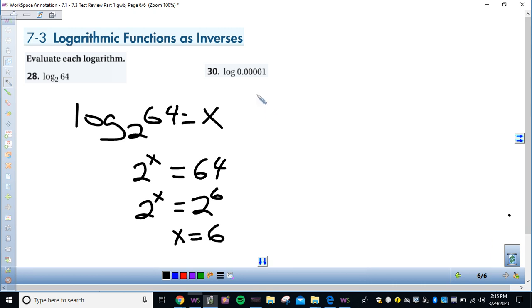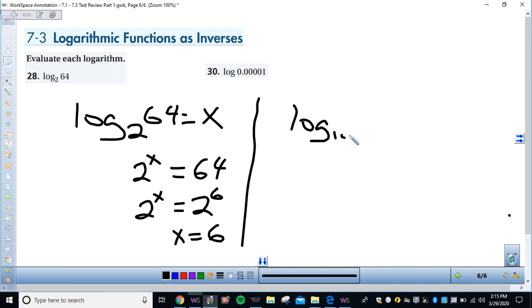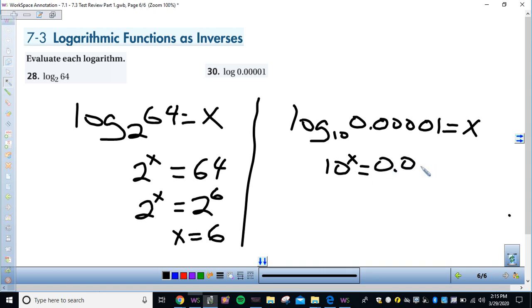So as we look at number 30 here, we're going to write log, I'm going to make that base 10 again, of 0.00001, which is 4 zeros and a 1, and then make that equal x. So we're going to rewrite this exponentially. So 10, reach across equal sign, grab the x, and then equals 0.00001, 4 zeros and a 1. So now we need to figure out 10 to what power is 0.00001.